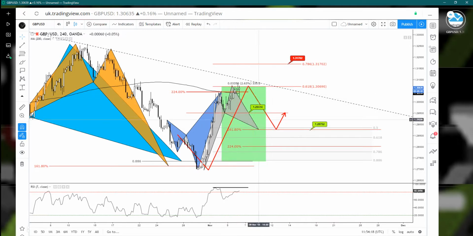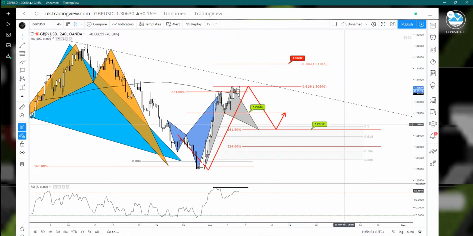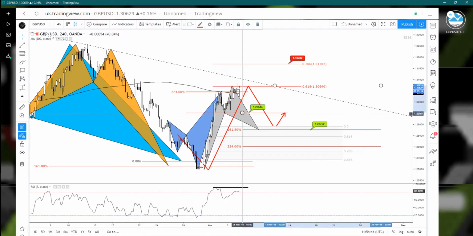So at this point, if this blue shark pattern starts to work, we'll search for the 50% retracement. Let me just adjust this Fibonacci level and clear this. But let me just adjust this Fibonacci. So the 50% retracement is also positioned a few points above the 168 extension.